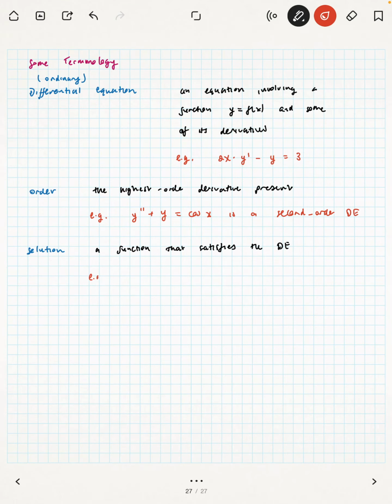So as an example, the function y equals x squared, so standard quadratic, satisfies the DE x times y prime equals 1/2 y.